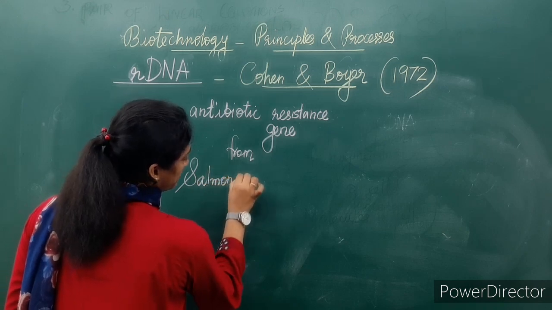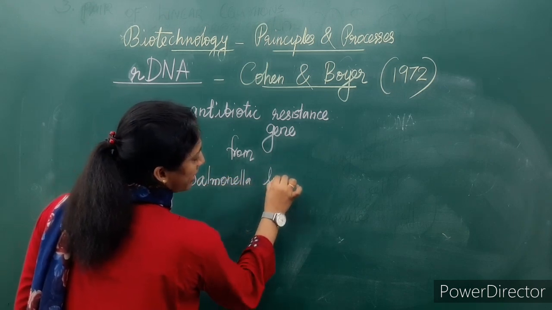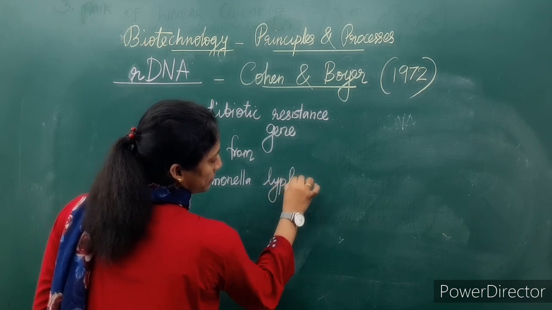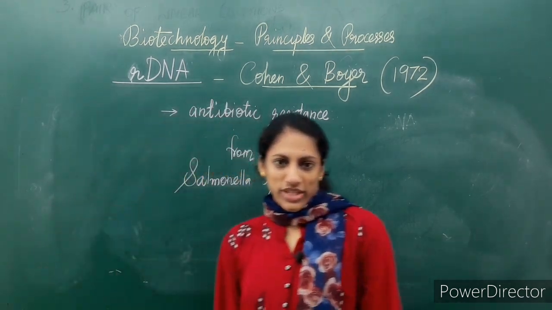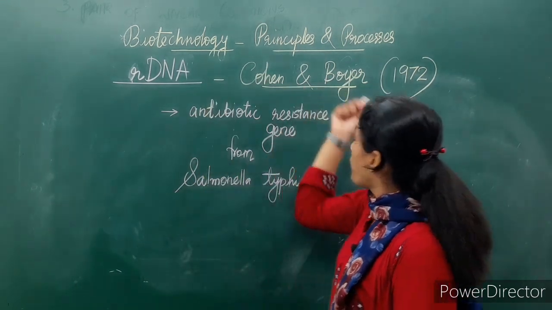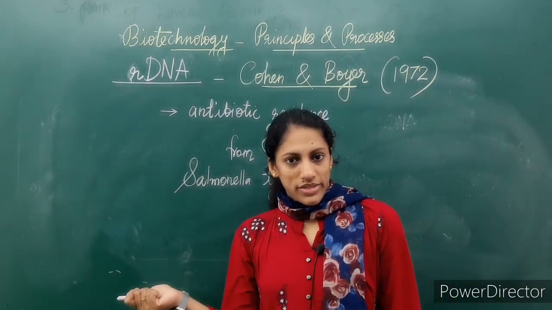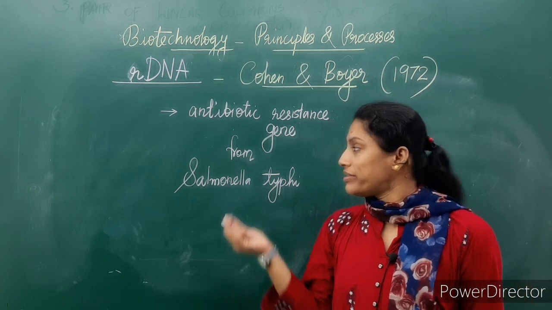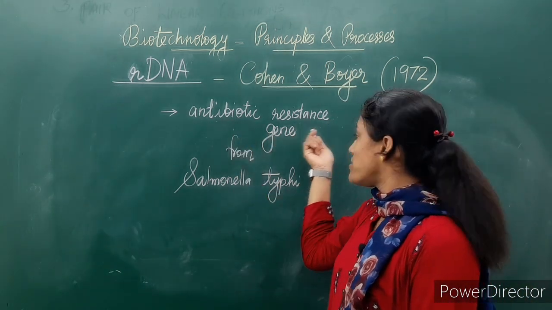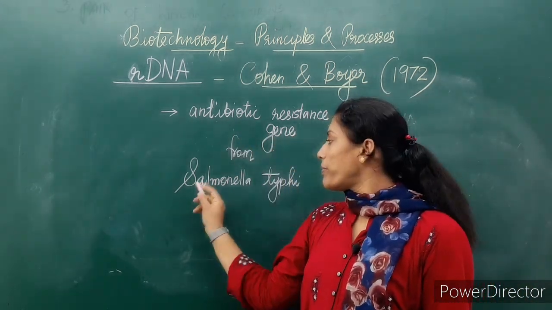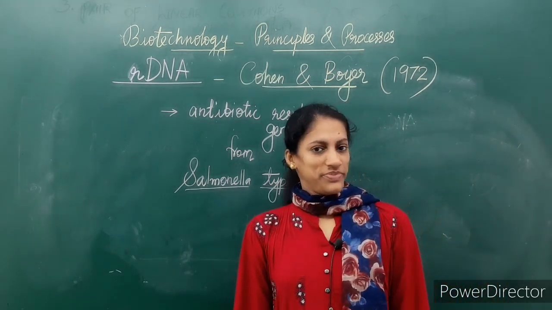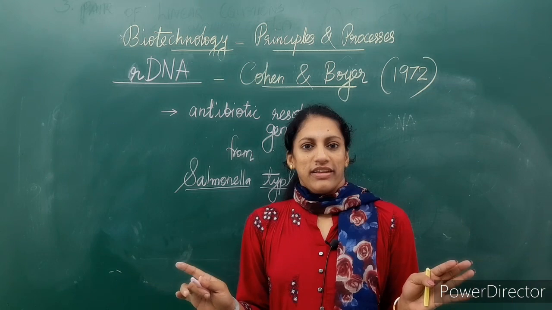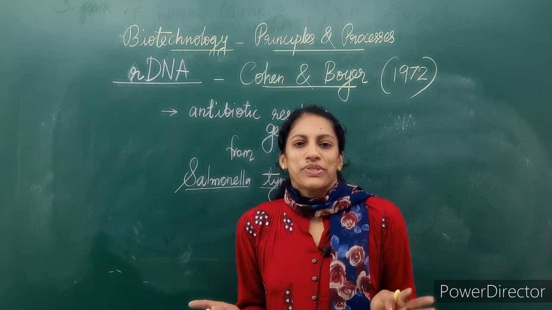You know the bacterium Salmonella typhi, the bacterium which causes typhoid. So once again, Cohen and Boyer isolated, or cut and took, the antibiotic resistance gene from the bacterium Salmonella typhimurium.